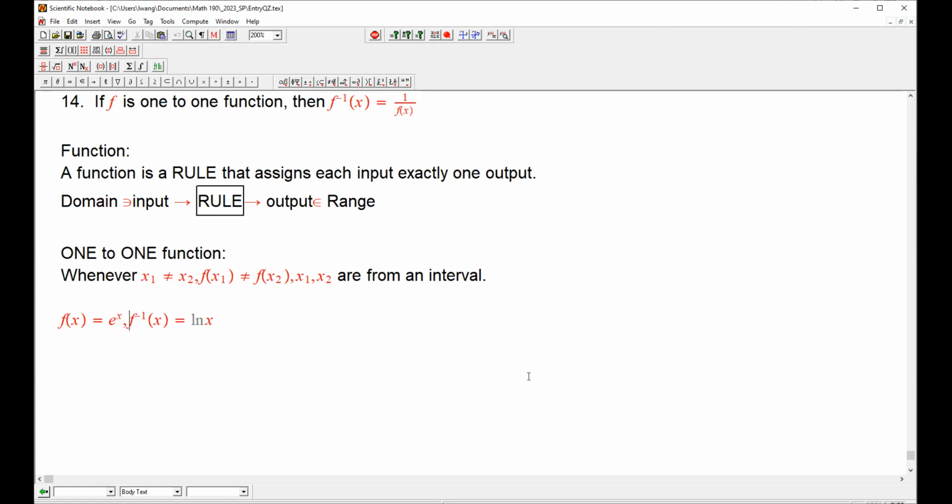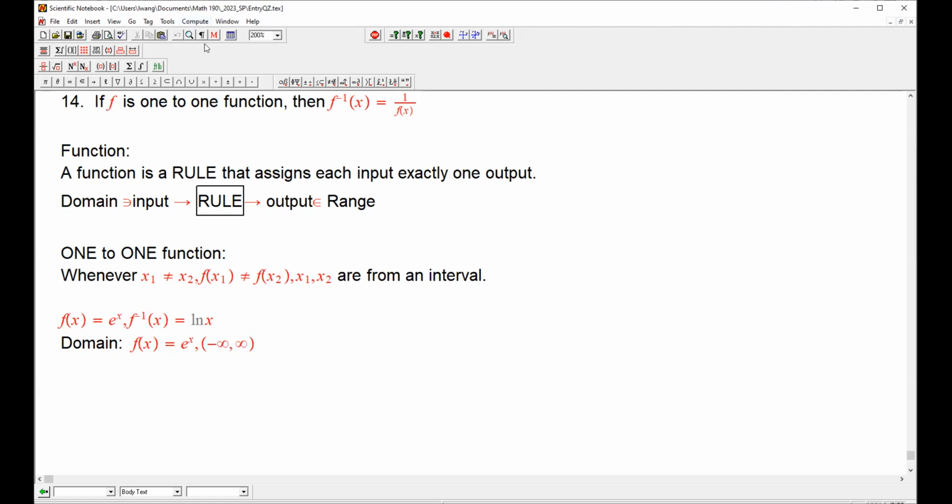What's the domain for e to the power x? All real numbers, negative infinity to positive infinity.